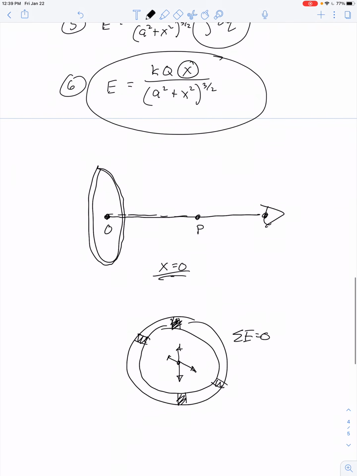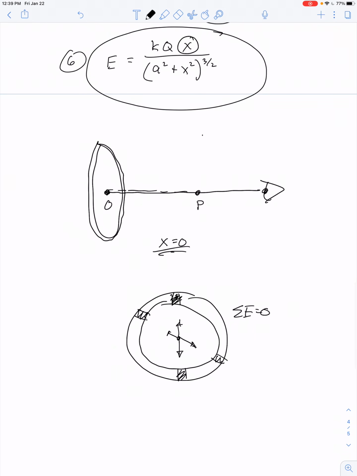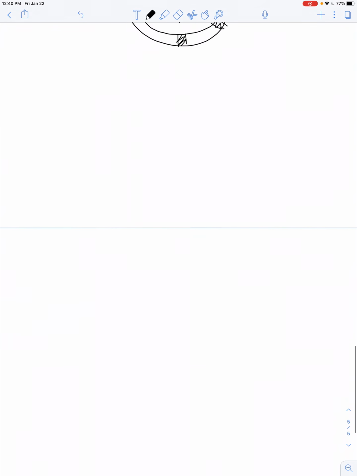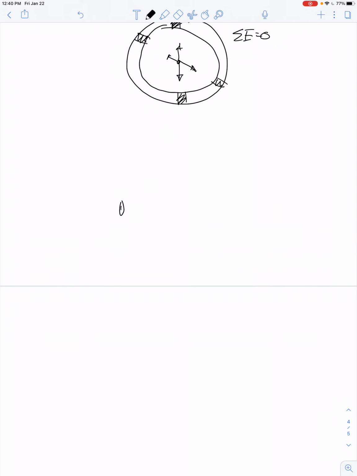Let's take another limiting case where a approaches 0. In other words, our ring becomes smaller and smaller until it appears that the ring is practically just a point charge.